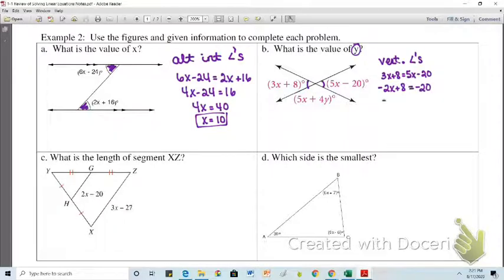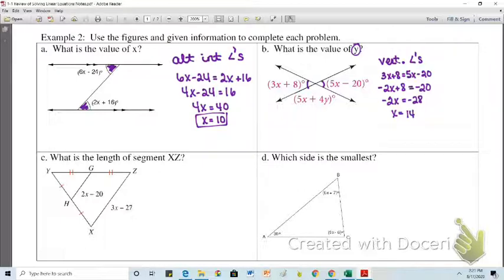Subtract 8 from both sides. And divide, so x equals 14.